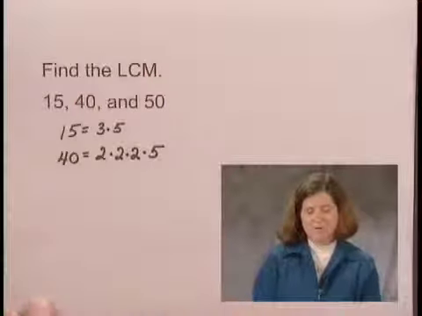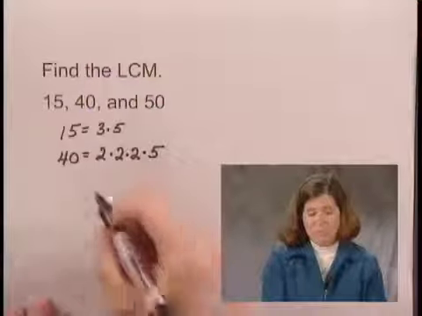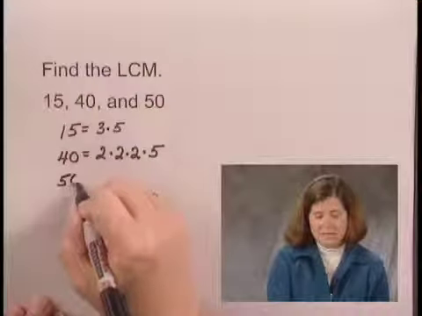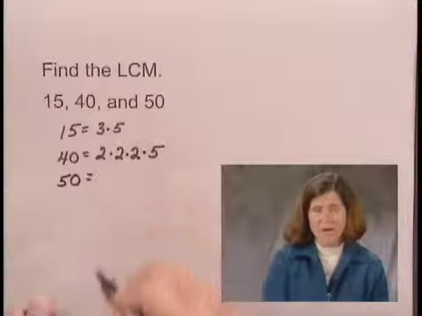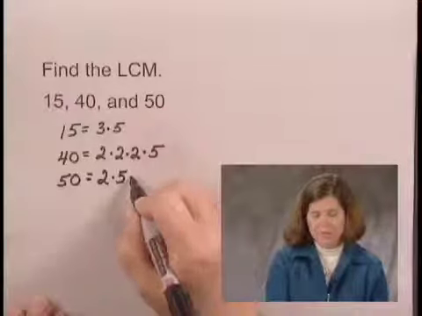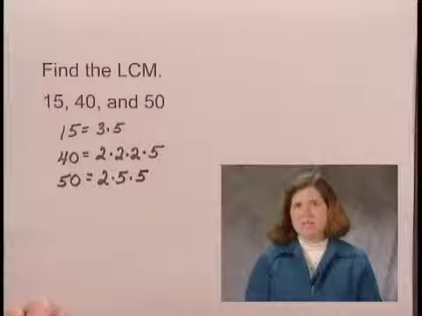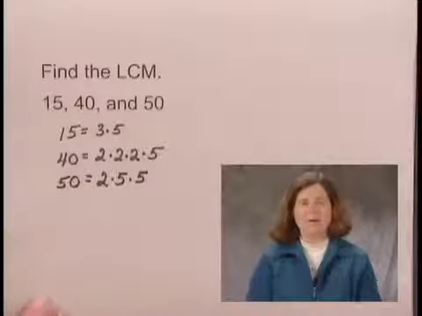So the prime factorization of 40 is 2 times 2 times 2 times 5. The prime factorization of 50, since I know 50 is 2 times 25, will be 2 times 5 times 5.